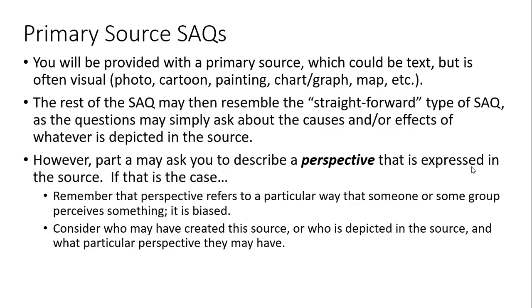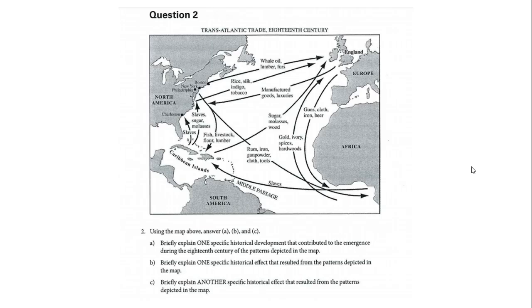Let me give you an example of that type of primary source short answer where it really is straightforward. Okay, I hope that's not confusing you, but this would be a good example. You're given a map. And it's not really the details of the map that they're interested in.